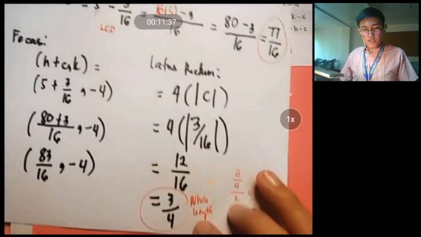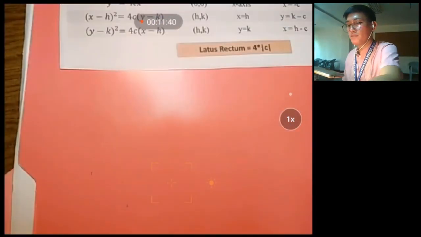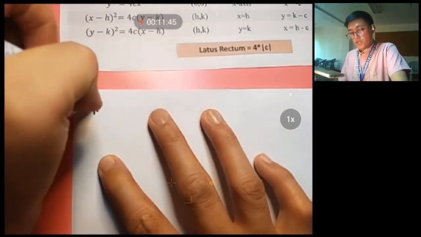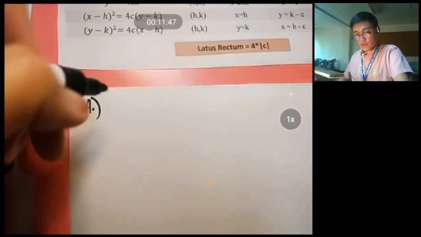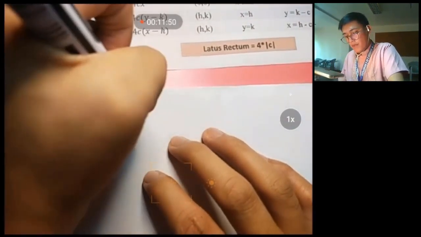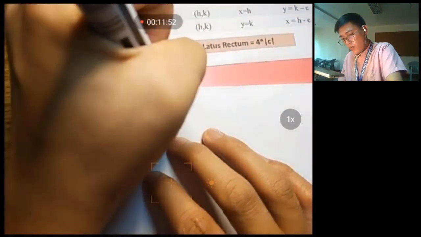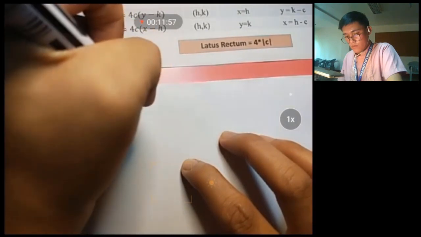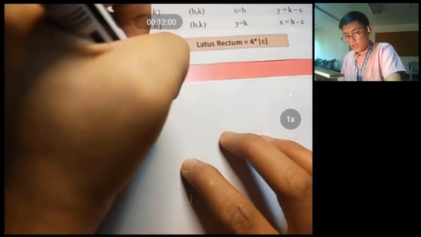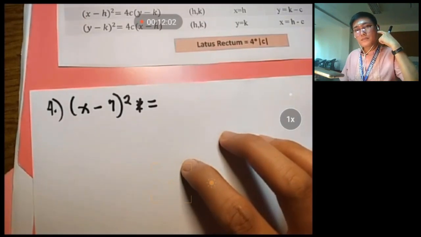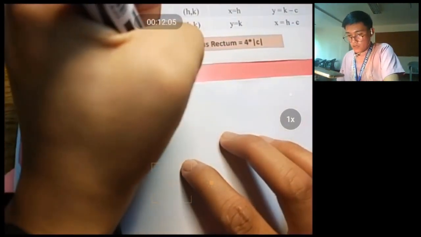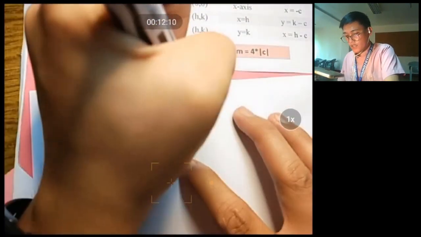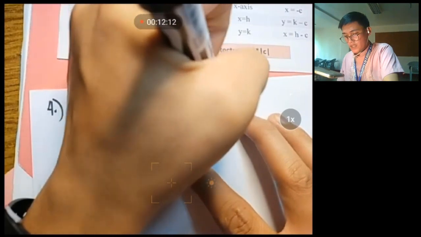Alright, let's proceed with example number 4. For our last example, let's try x minus 7 squared is equal to negative 18 times y plus 3.